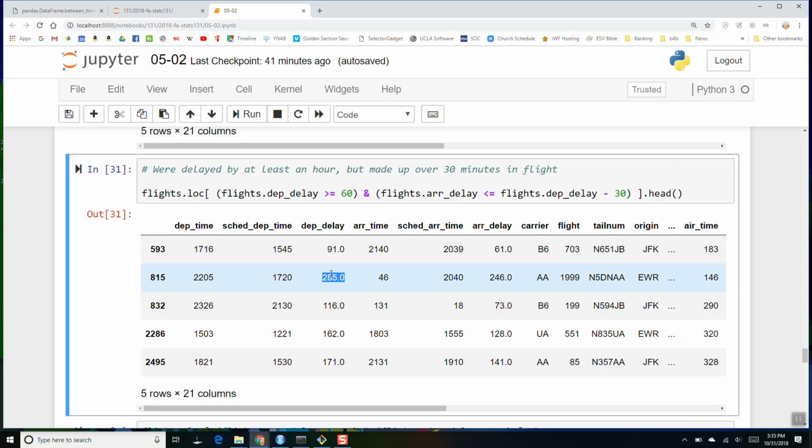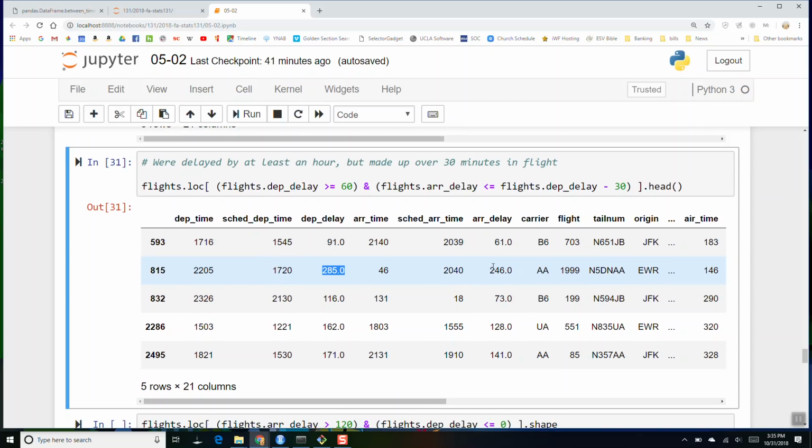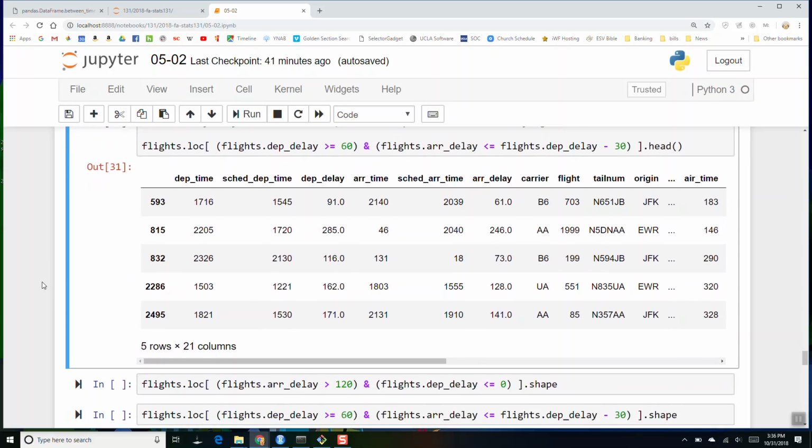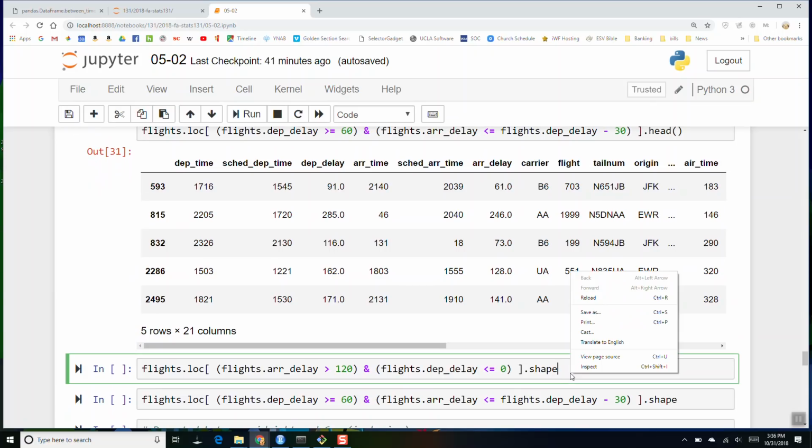And here, it left almost 5 hours late, but it arrived only a little over 4 hours late.